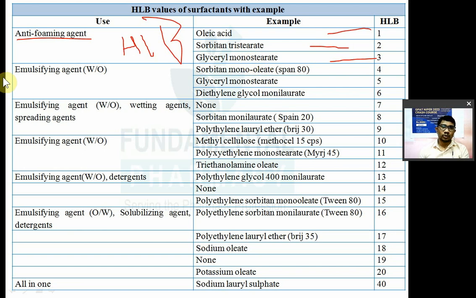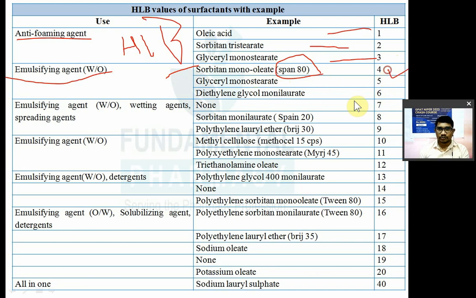So emulsifying agent, O/W emulsifiers, will have HLB in a range of at least 3 to 13. So you can see sorbitan monooleate, उसको अपन बोलते हैं स्पैन. क्वेश्चन आ चुका है. स्पैन 80 मीन्स व्हाट? Sorbitan monooleate.